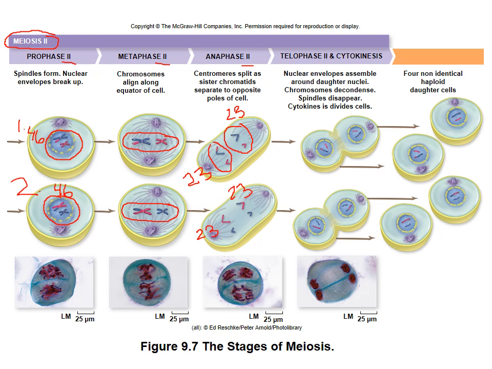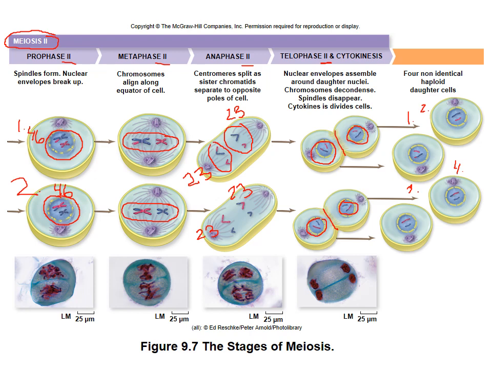Now, once you have your separation, you're going to go into telophase 2, which means I'm going to reform my nucleus. Once again, the chromosomes are going to become less visible. And once again, I'm going to do my cytokinesis, the splitting of the cytoplasm. And now what I'm going to see is I'm going to end up with 1, 2, 3, and 4 daughter cells.